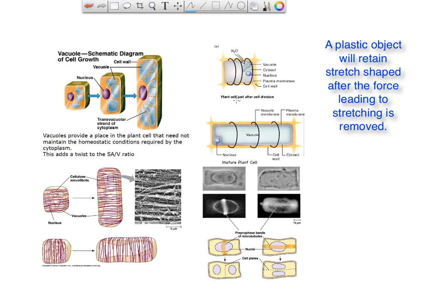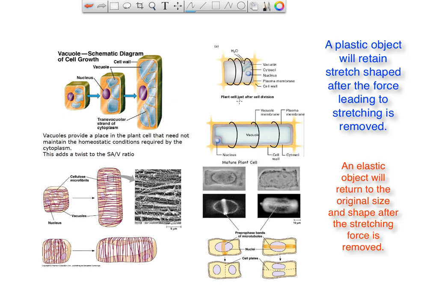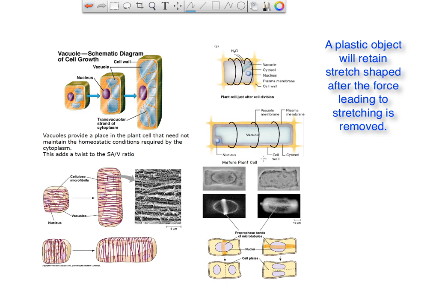Now, some cells are elastic. Elastic means you can stretch them out and they'll return to their original shape. Plastic means you can stretch them out and they'll stay at the new shape. Growing cells, expanding cells, are plastic.